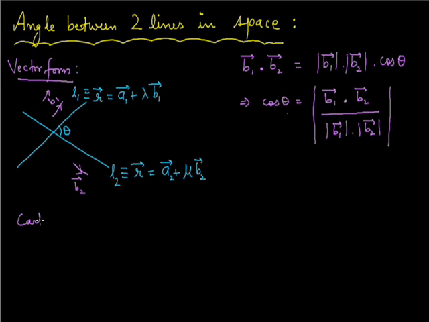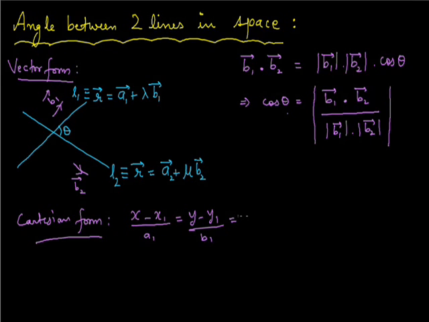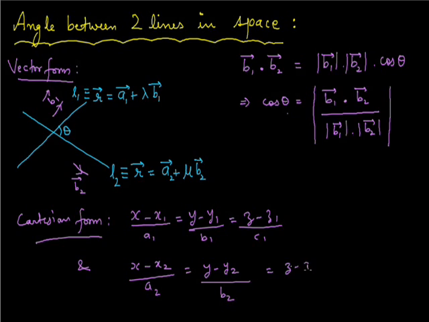Now we can convert this into the Cartesian form. Suppose in the Cartesian form, the equations given to us are x minus x1 upon a1 equals y minus y1 upon b1 equals z minus z1 upon c1, and another line has the equation x minus x2 upon a2, y minus y2 upon b2, z minus z2 upon c2.